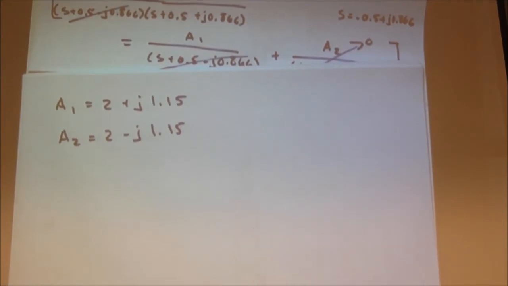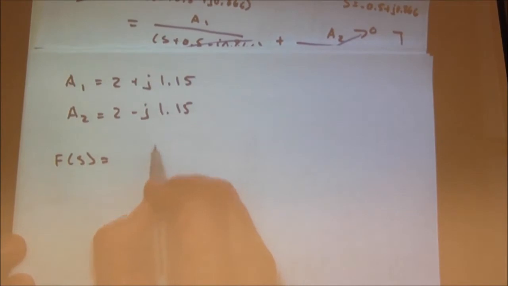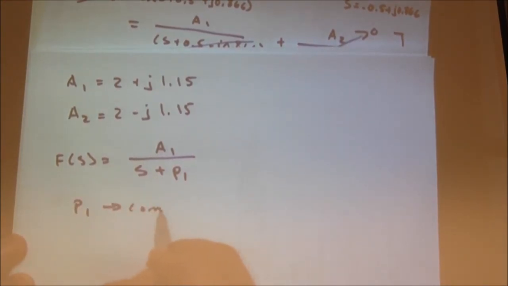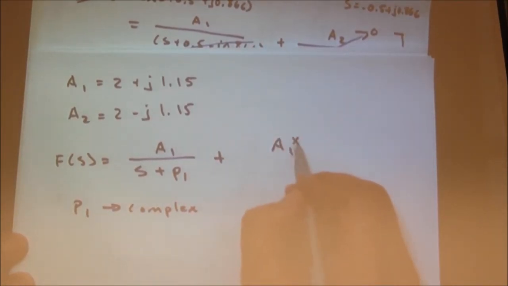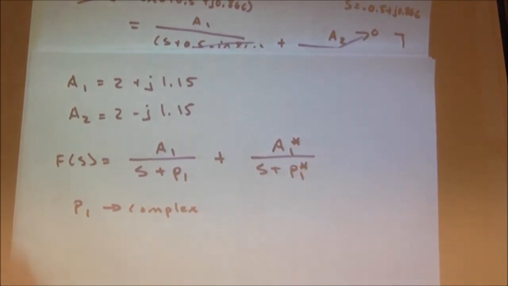As luck would have it, well, it's not luck, it's math. When we do complex numbers, if we have a complex pole, if that's A1, P1 is complex, meaning it's underdamped, then the second term is always A1 conjugate plus P1 conjugate, where P is some pole and A is the coefficient.